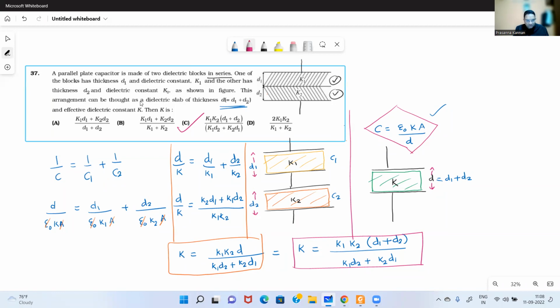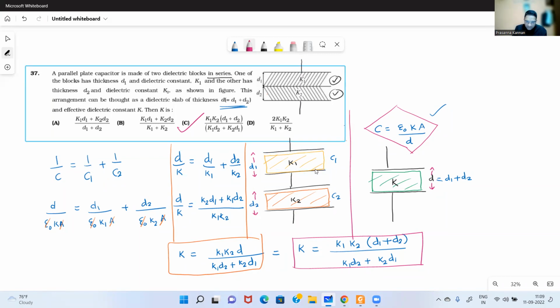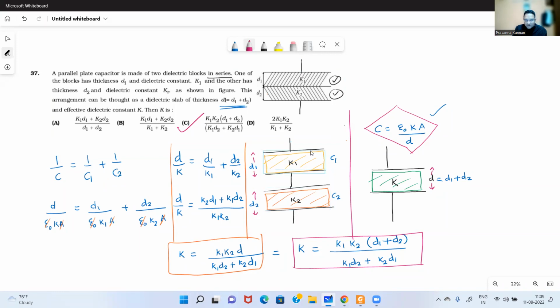This arrangement can be thought of as a single dielectric slab of thickness D, which is D1 plus D2, and effective dielectric constant K. Then what is the value of K? You can clearly see the two capacitors are connected in series. I just split it up so that you can understand very well. If this whole thing is made into a combination and the effective value is capital K and the distance between the plates is D, which is D1 plus D2, then what is going to be the relationship between K and K1, K2, D and all that?